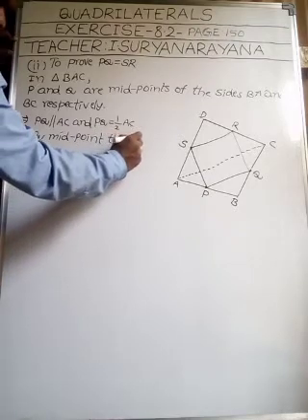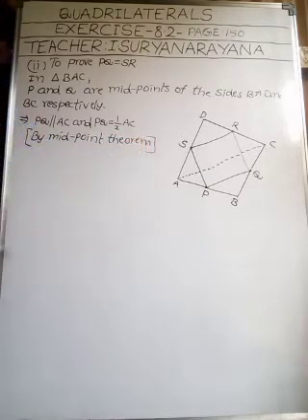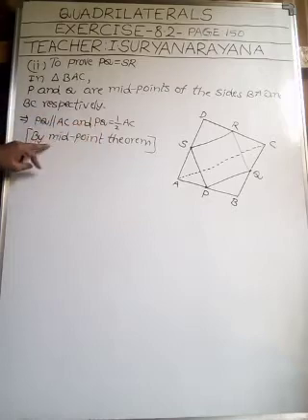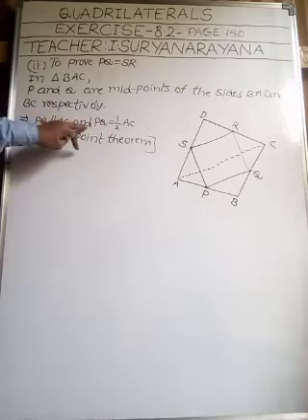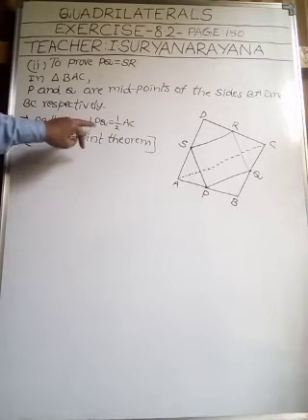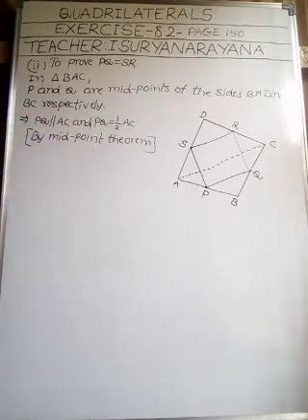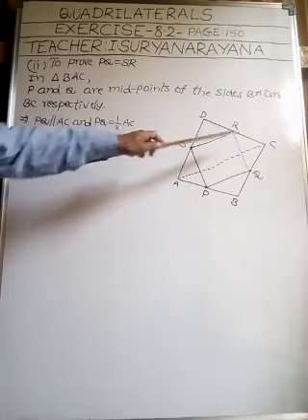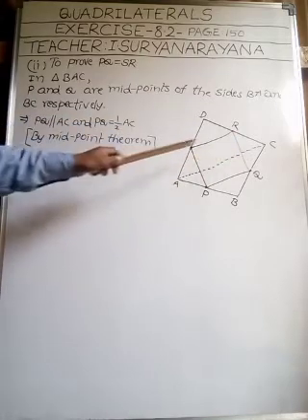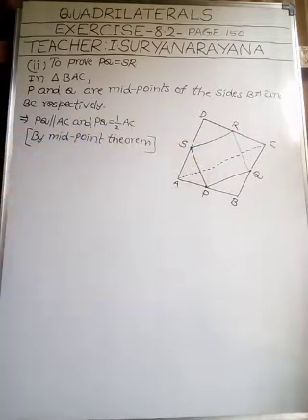Understood this step, my children? By using the midpoint theorem, we wrote this step. In the first part of the question, we have proved that SR is parallel to AC and SR is equal to half of AC. Isn't it, my children?